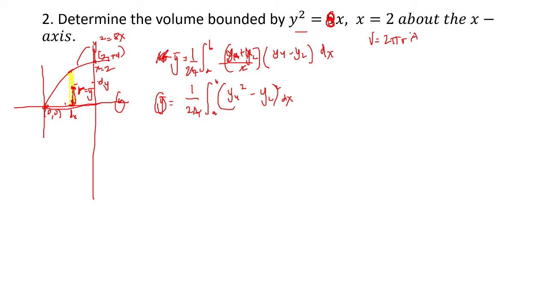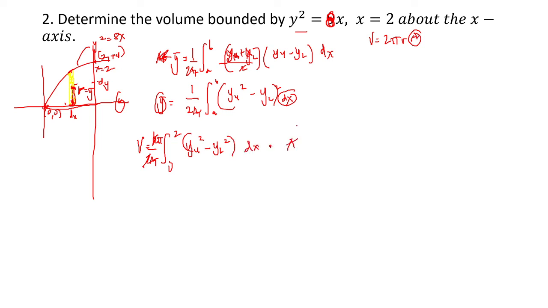So the area is useless here. Volume is equal to the integral from 0 to 2, since we are using limits in terms of x, of 1 over 2A times 2 pi, so the 2 cancels, and what remains is pi over the area, times the radius, which is y upper squared minus y lower squared, times dx, times the area.